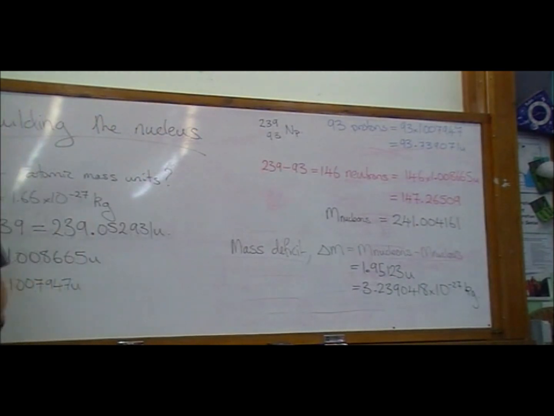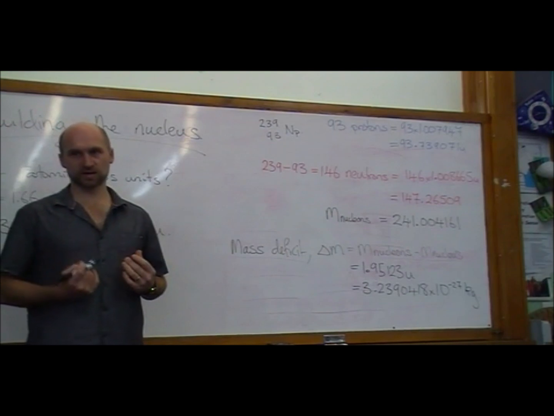What we can do with that is calculate the total binding energy of the nucleus using Einstein's E equals mc squared equation.